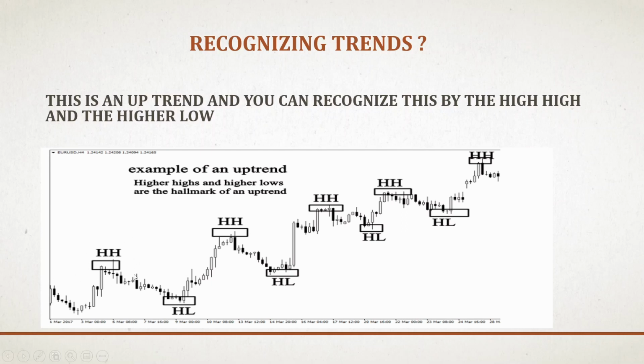At the first part here, there is a higher high of the previous high that was here. So this one you cannot really say, but this is a higher high and this is a lower high. We see this is a higher high because it's higher than the previous high. Next one, it's also a higher high because it's higher than the previous high.